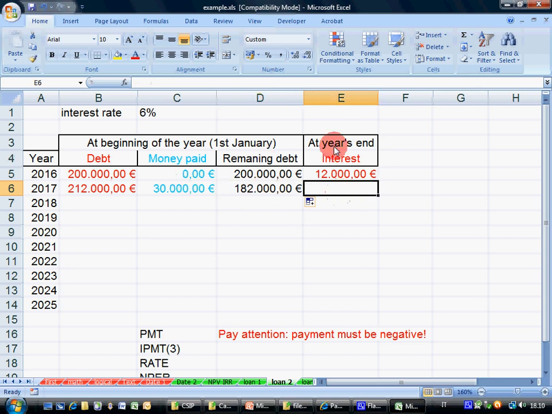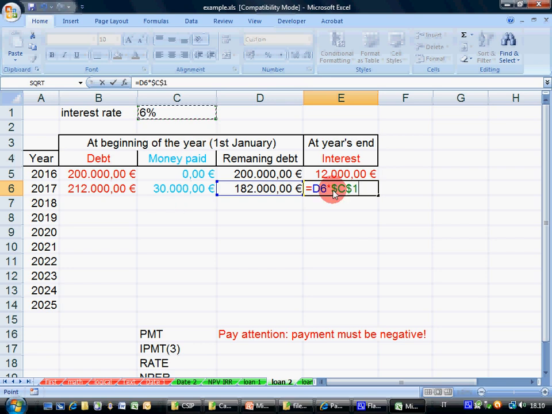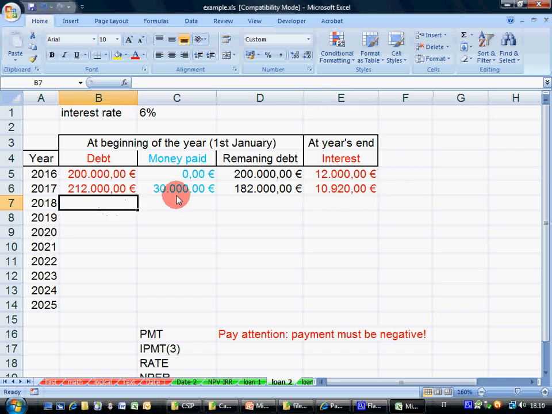At year's end, your interest, I drag down, no, 0 is wrong. Your interest is this one by this. I put a dollar, so when I drag it down, the C1 will not become C2. Okay, 10,920. Okay. Again, here I drag down this time.